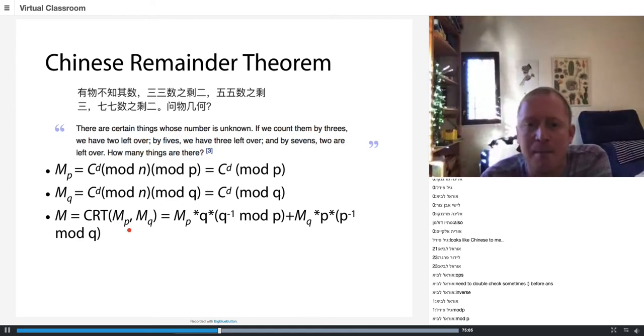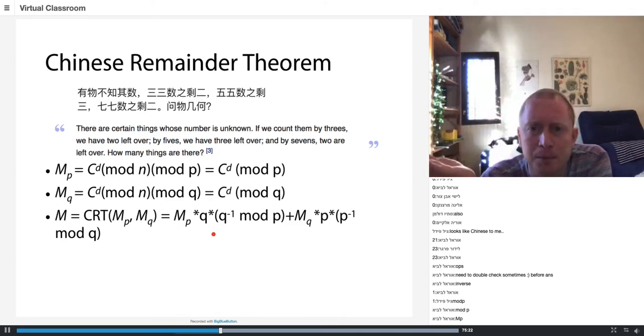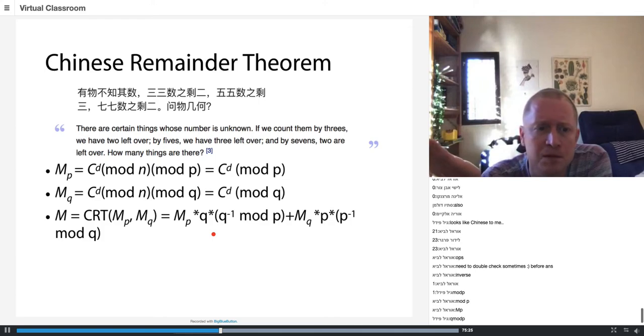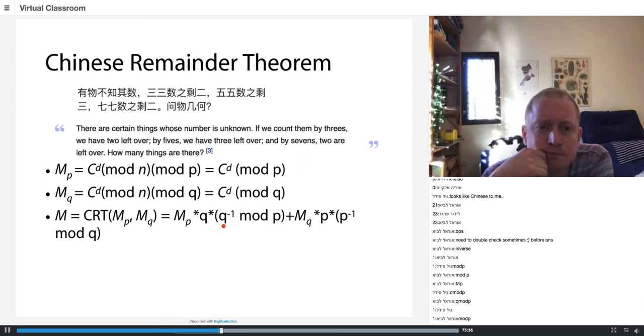So I'm going to take m and reduce it modulo p. What is m sub p modulo p? It's m sub p. What is q modulo p? Some common number, doesn't have any special meaning. What is q modulo p times q minus 1 modulo p? 1 modulo p. So this thing is m sub p times 1 modulo p. What about this side?